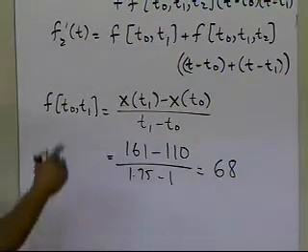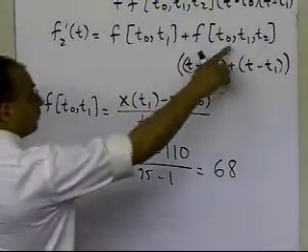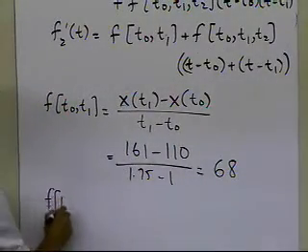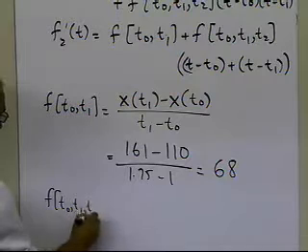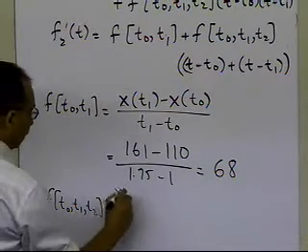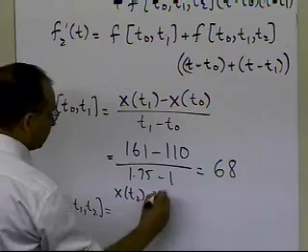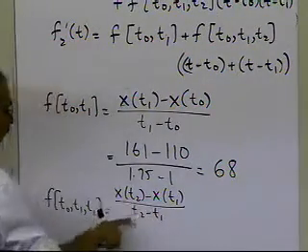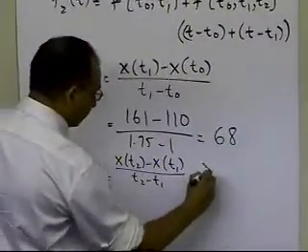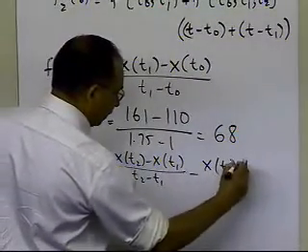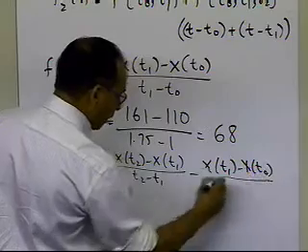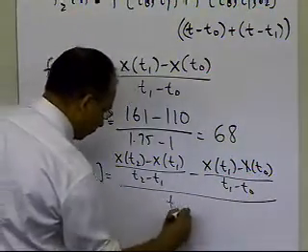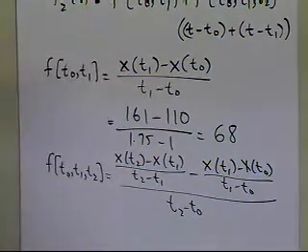Now let's calculate f[t0, t1, t2]. It's the divided difference between t2 and t1 minus the divided difference between t1 and t0, divided by t2 minus t0.